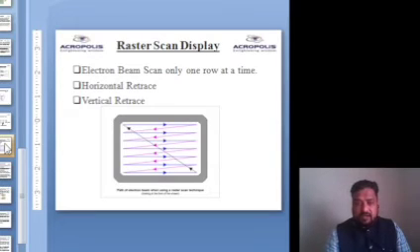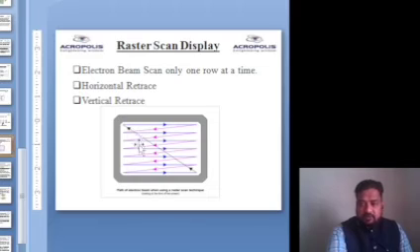Starting from the left-hand point, all the pixels that lie in the first row will be scanned by the electron beam. And in the first row, if some pixels are stored in the frame buffer, then the electron beam will strike that point and that point will be displayed. After completing the first row, the electron beam will move back to the first point of the second row, and in the same fashion it will scan the second row.